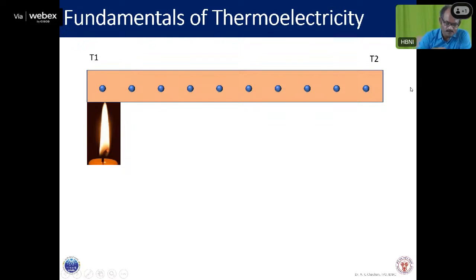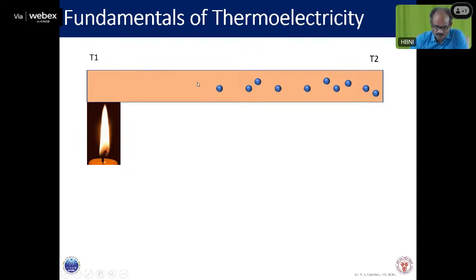So now as the temperature of this side is increasing, the electrons will start gaining thermal energy. And because these electrons now have more thermal energy, they will try to move from this side, and after a certain period of time, you will see that electrons have moved from this side to this side.